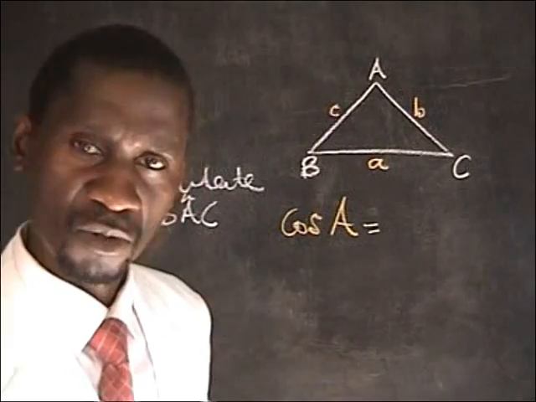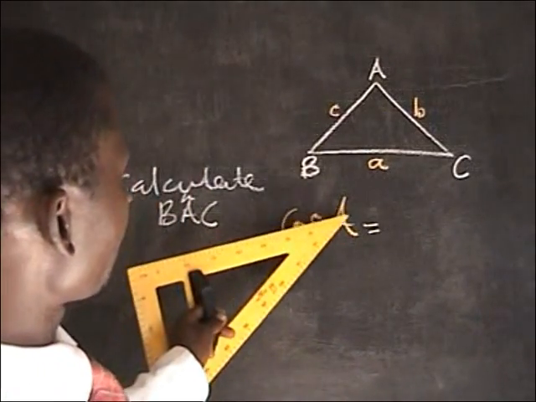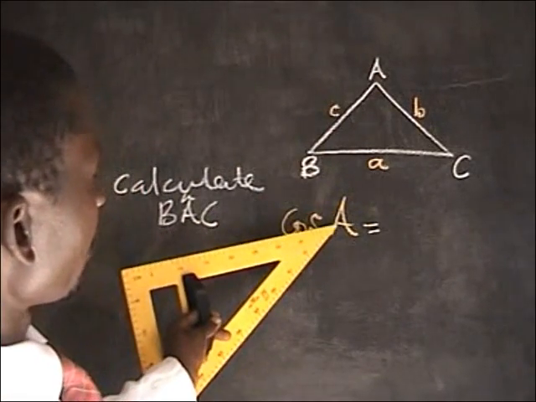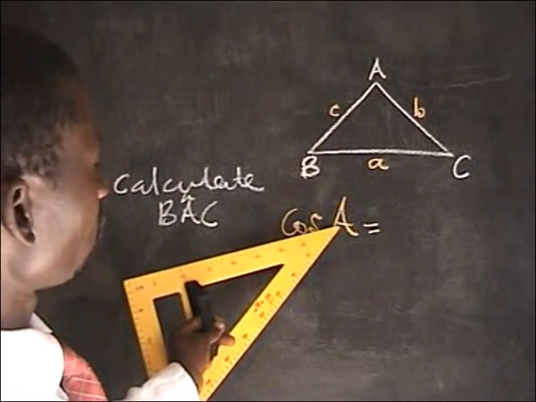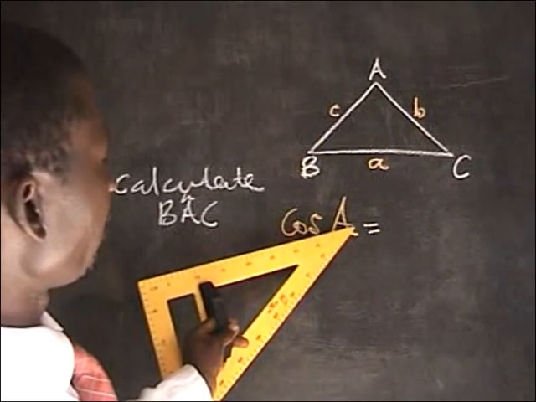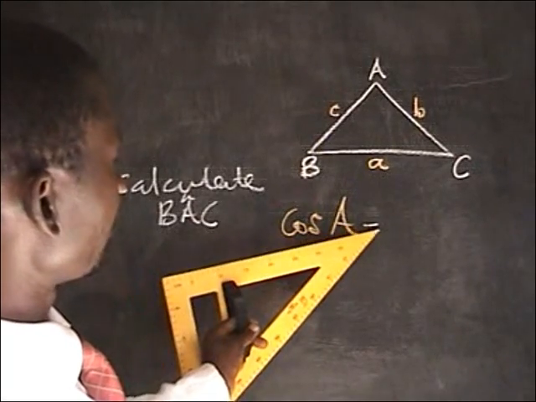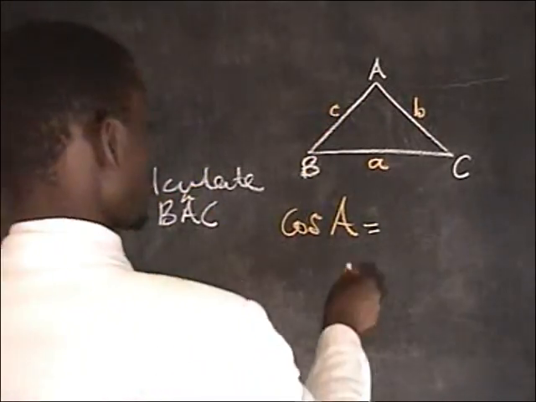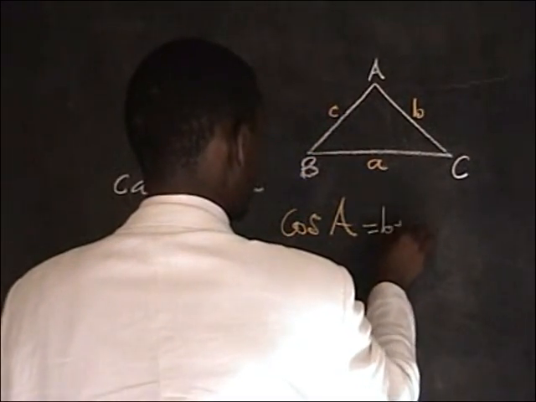Since you are trying to find angle A and you have written cosine A, the capital, then what should come to your mind is that after the equal sign, you are going to first of all enter the letters other than small letter a, that is b plus c.